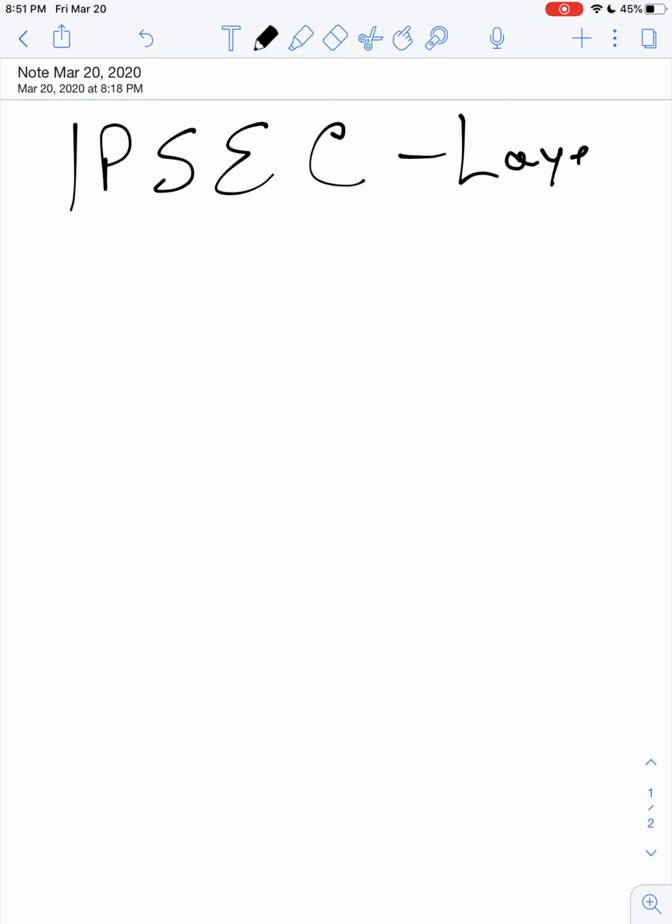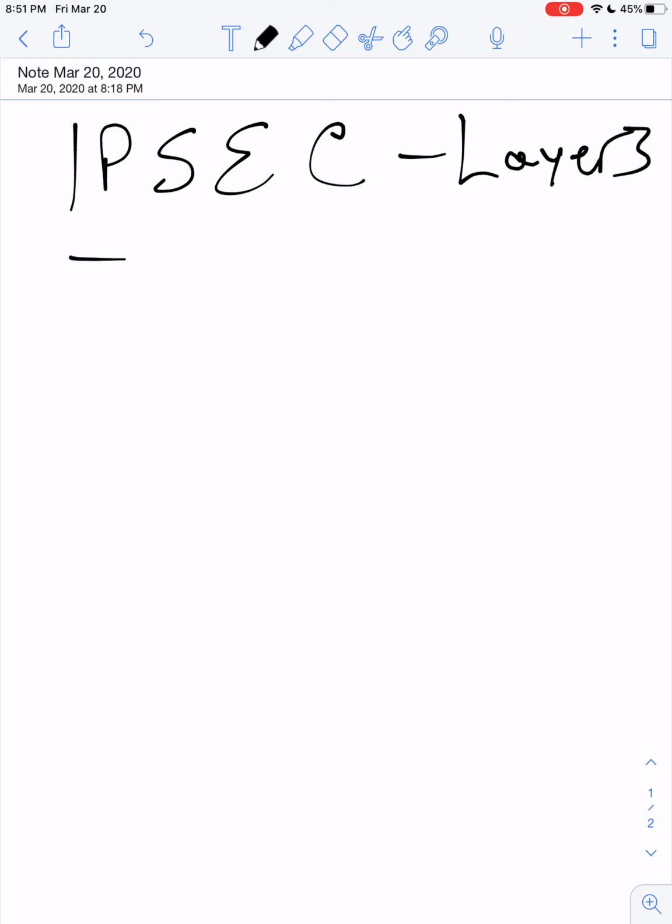Now, all of these protocols so far have been really upper layer protocols. We're talking transport or higher layers. The next protocol we're talking about is IPsec. IPsec is a layer 3 encrypted tunneling protocol. So this operates at layer 3.